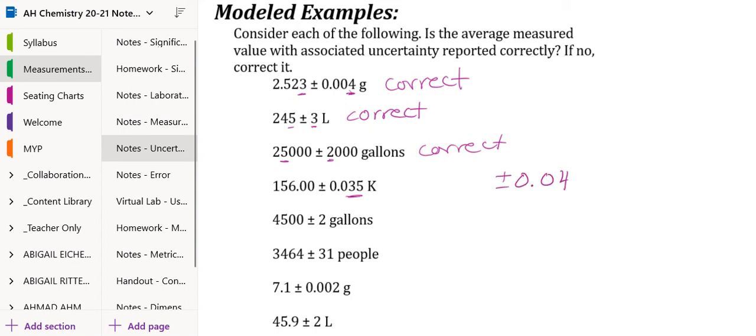And now, is that 4 in the last significant digit of my measured value? Yes. It's in the same place as this 0. So I would report this as 156.00 plus or minus 0.04 Kelvin.